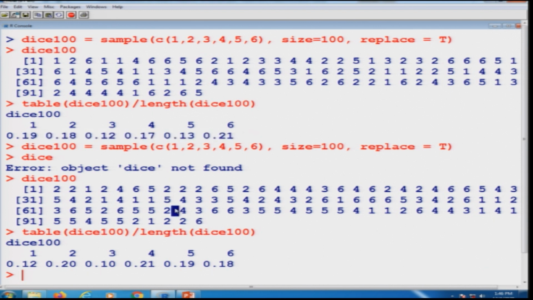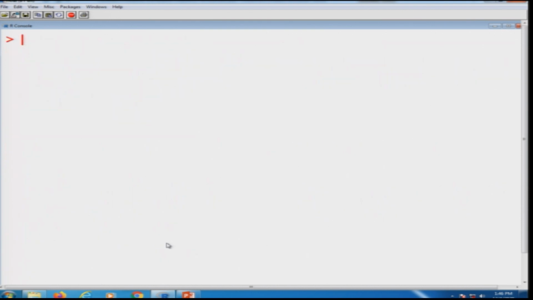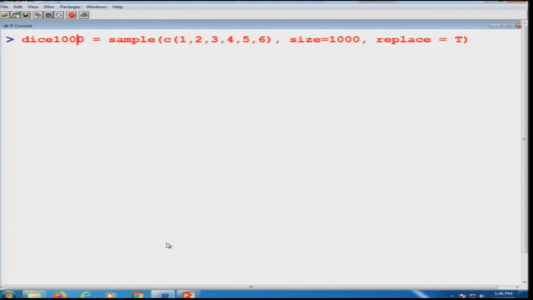Well, I am sure that if you repeat this experiment only for size equal to 10, that means only 10 observations, the difference will actually become more. But I have intentionally taken it to be 100 because there are 6 possible values which are occurring. So, now let me generate 1000 observations and compute the relative frequency, right.